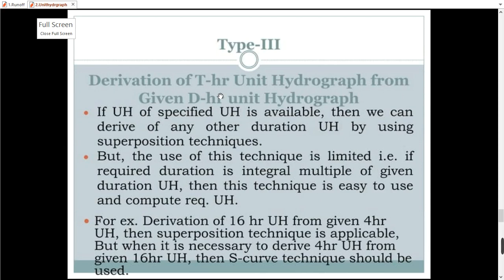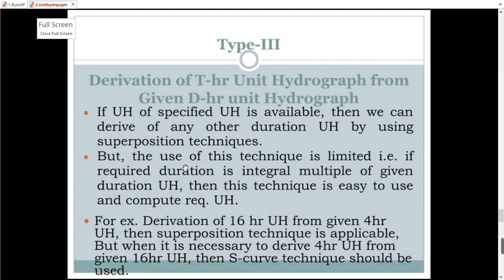The derivation of the 3-hour unit hydrograph from the 4-hour unit hydrograph. If the unit hydrograph of a specified duration is available, then we can derive the unit hydrograph of any other duration by using the superposition technique. We will see the meaning of the superposition technique.